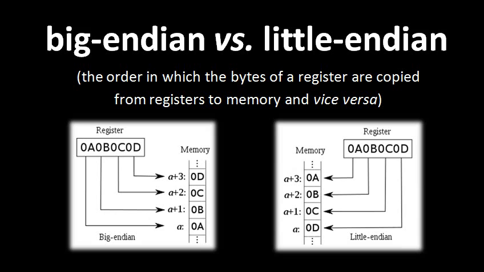In these diagrams, the addresses of memory are increasing as you go up, but you could just as well diagram memory with the addresses going in the other direction, increasing downwards. Either way, as long as you're thinking of memory as something arrayed vertically, then little endian and big endian make equal sense.